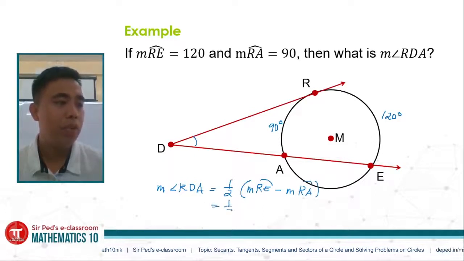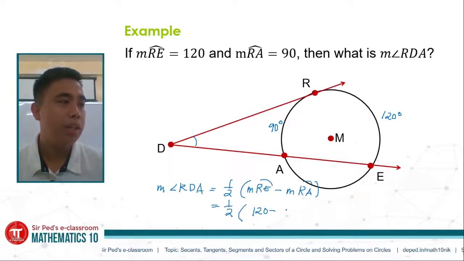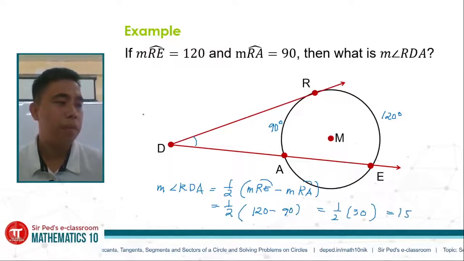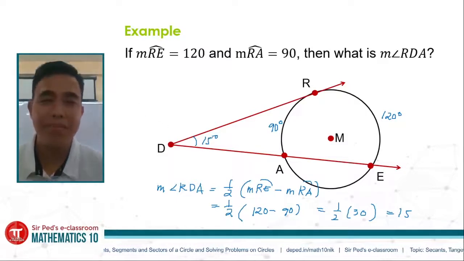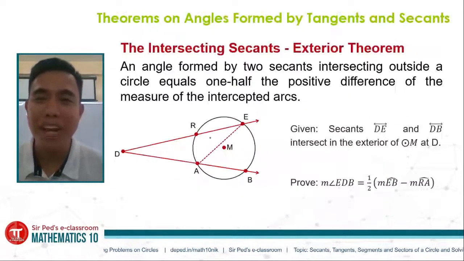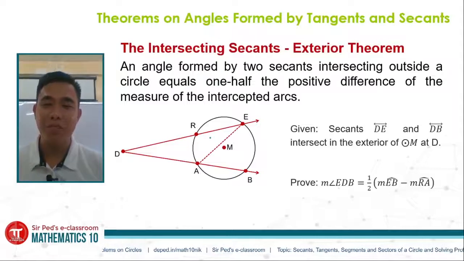So that is equal to 1/2 of 120 minus 90. So that is equal to 1/2 of 30, which is equal to 15. Therefore, this is 15 degrees. Can you follow? Okay.